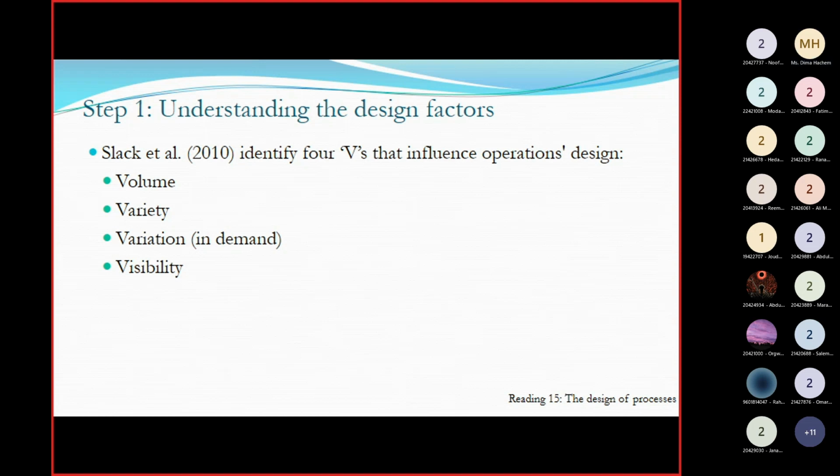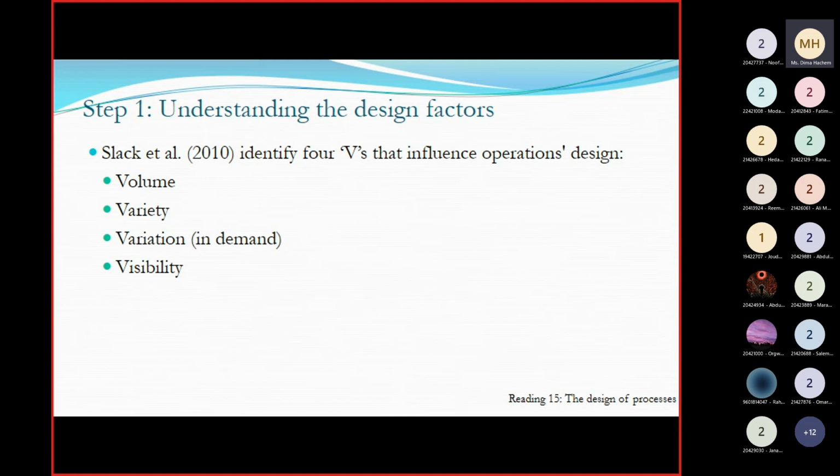Okay? So in other words, depending on how much you are going to produce, you are going to have your process designed. Chains and restaurants that have a big volume have a different internal process from restaurants that have a small demand for their products.